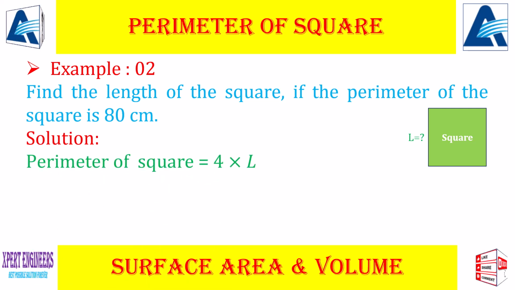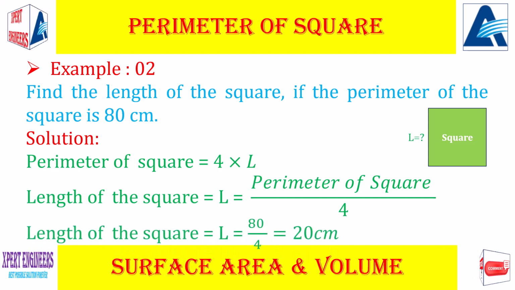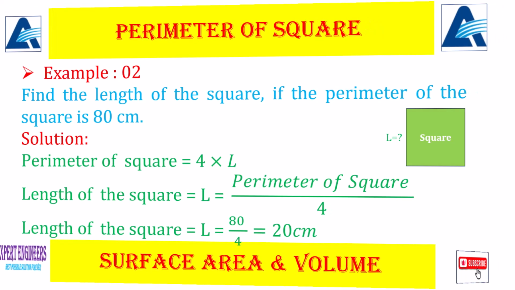As we know that perimeter of square is equal to 4 into length, and we have to find the length, so length of square is equal to perimeter of square divided by 4. Then we put the values in the formula and we get length is equal to 20 centimeters.